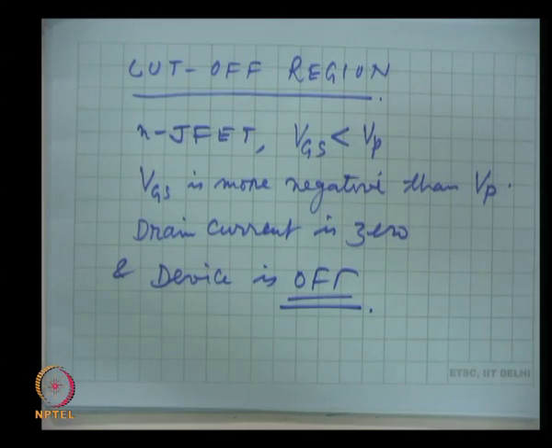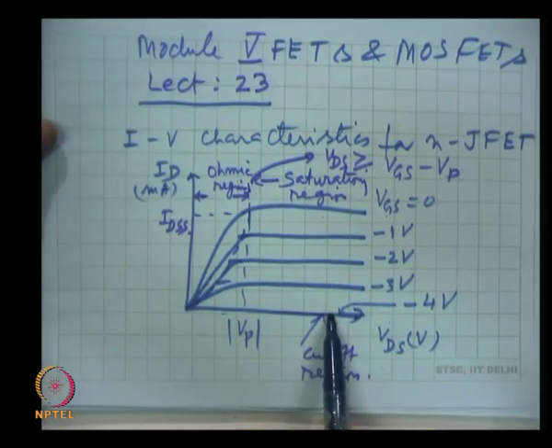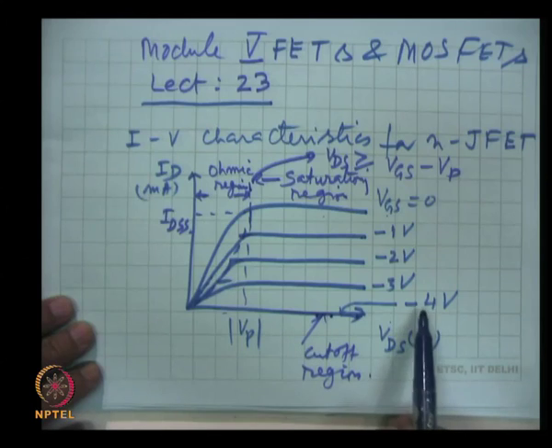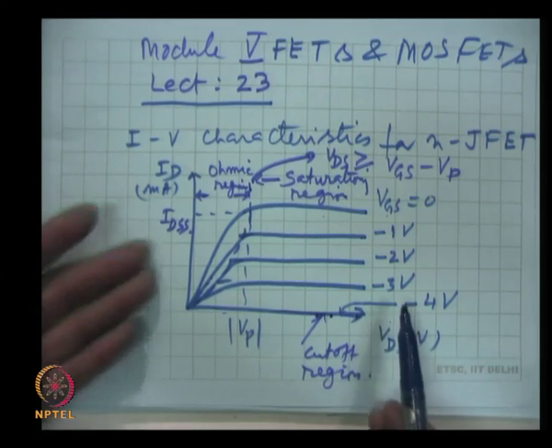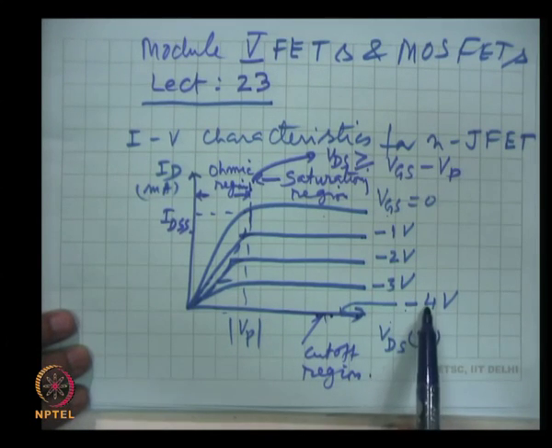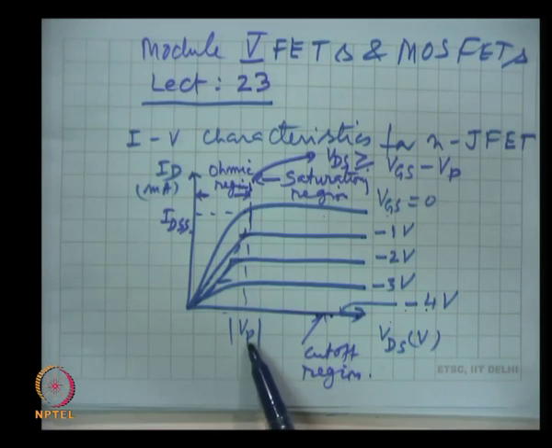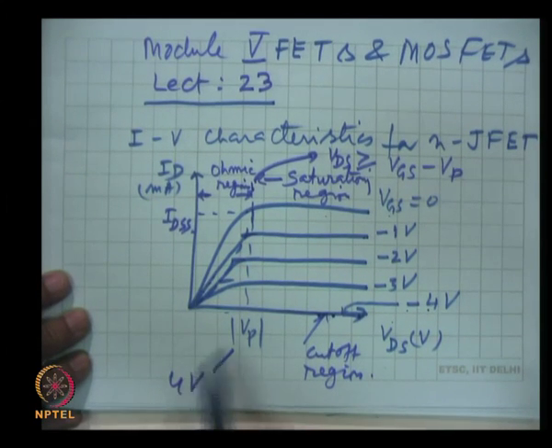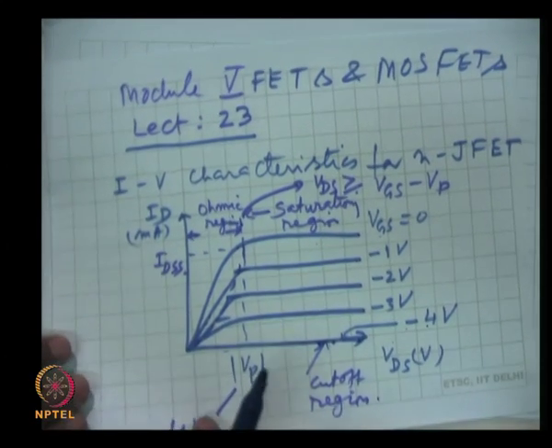In this region, in this particular case, VGS is minus 4 volts and Vp was also 4 volts. This voltage is also 4 volts. VGS off is equal to Vp. This is what we have said above.